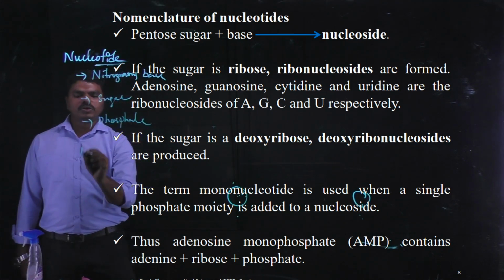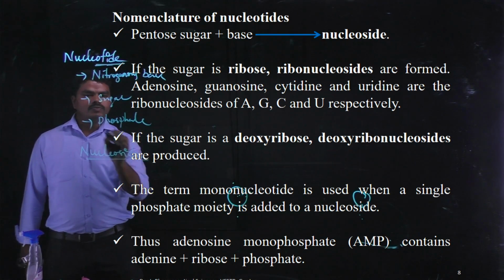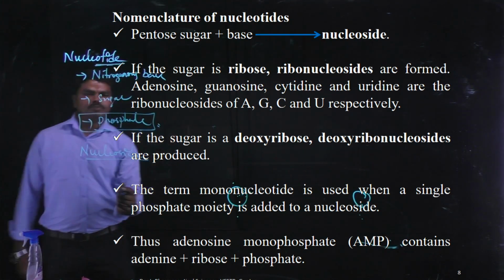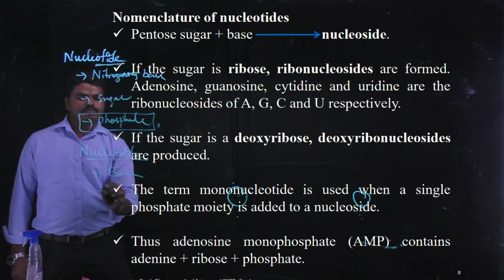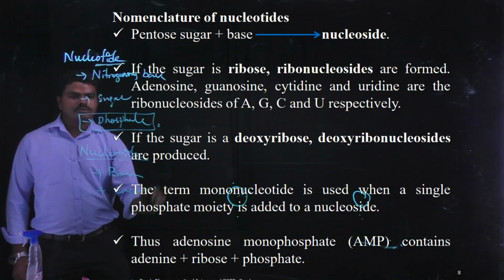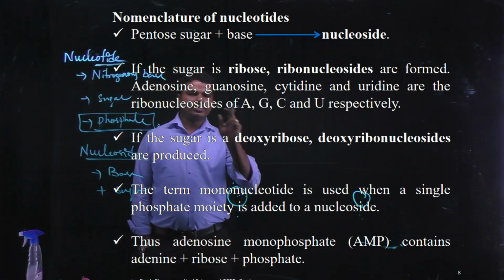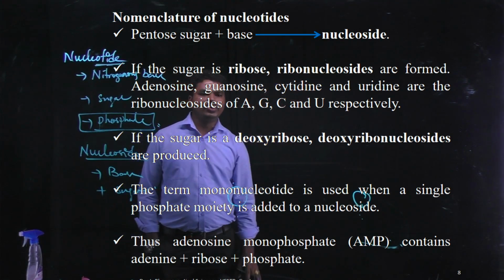A nucleoside is without the phosphate group, that is, the absence of the phosphate group. It consists of only the nitrogenous base and pentose sugar. Pentose sugar plus nitrogenous base combined is called the nucleoside.